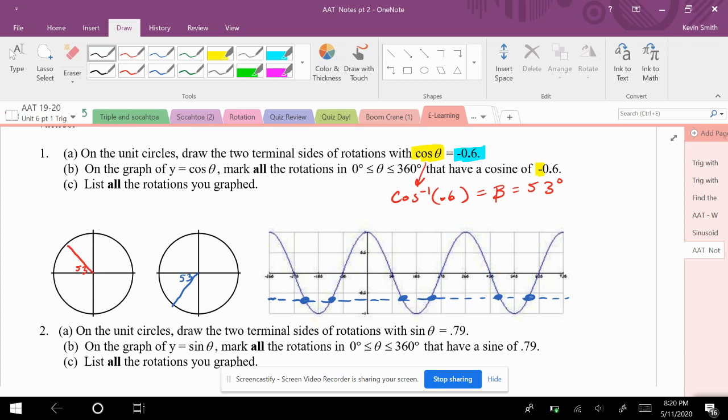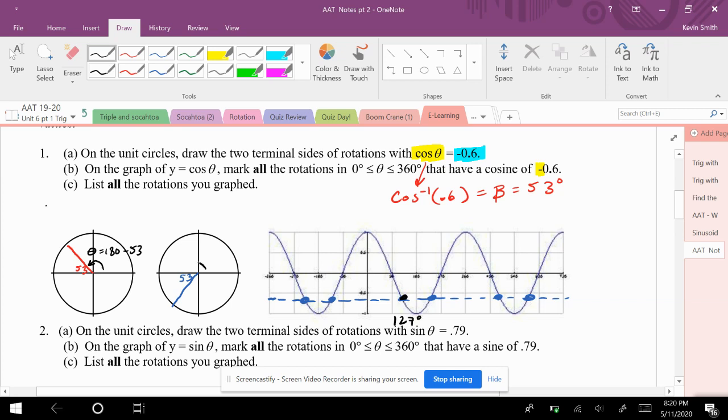For the first one, we're going to do 180 minus 53 degrees, which will give us 127 as our first answer, which will fall right about here, 127 degrees. So that's good.